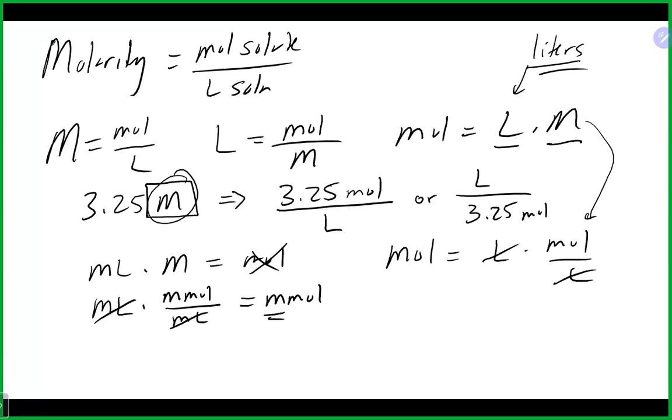Obviously, a couple of things we talked about with molarity: the higher the big M number, the more concentrated that solution is. The lower the M number, the more dilute the solution is. A couple of common conversions used with molarity: a lot of times you're given things in grams and you need to convert to moles, so that is the molar mass from the periodic table in grams per mole.